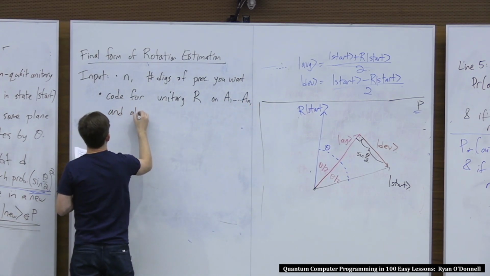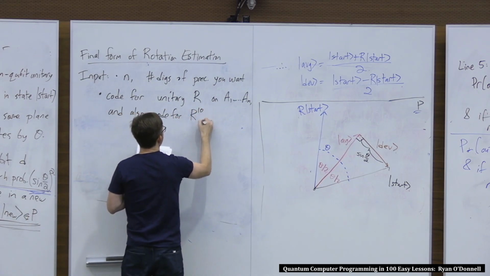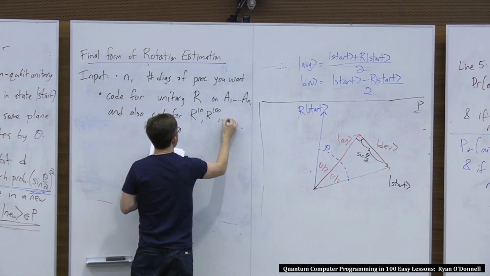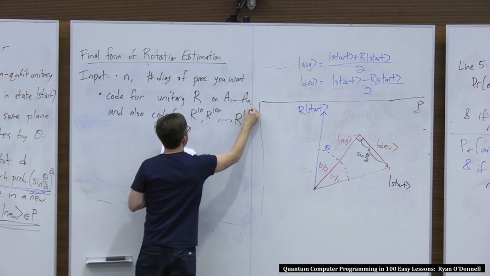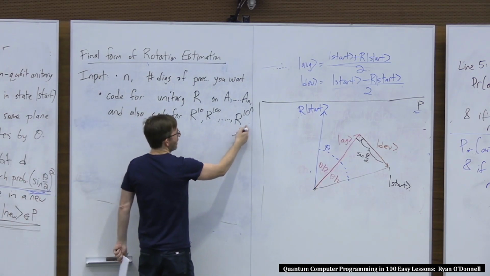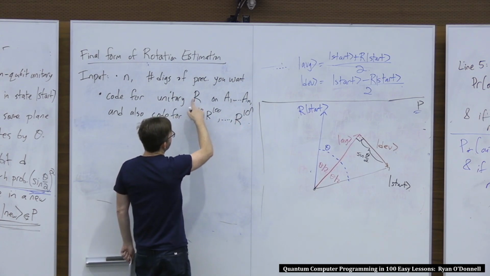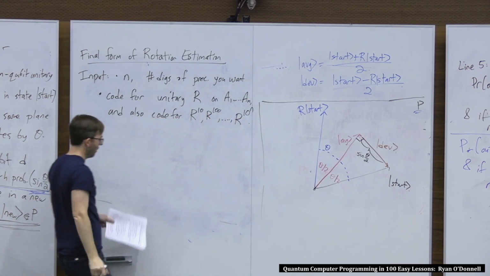And also code for R to the 10, R repeated 100 times, all the way up to R repeated 10 to the n times. As I said, when we do factoring, we're going to have some special purpose code that can miraculously do this in n instructions rather than 10 to the n instructions.